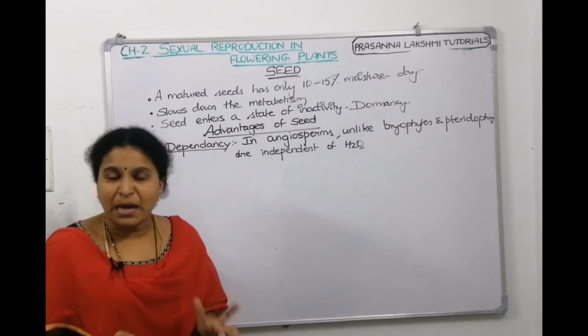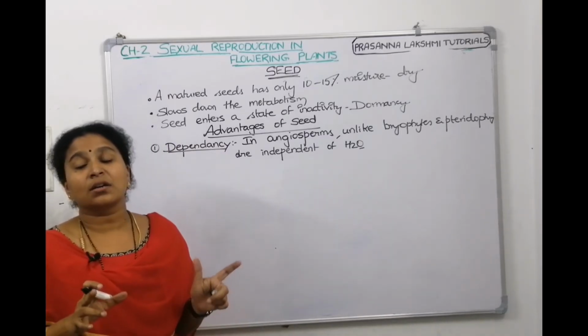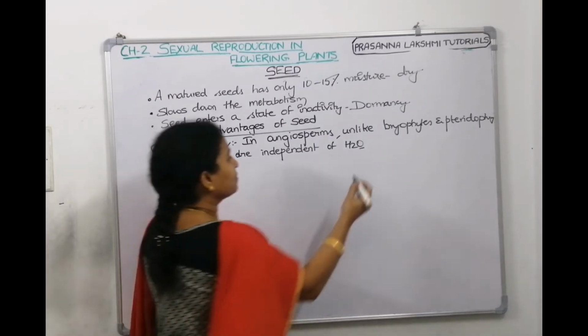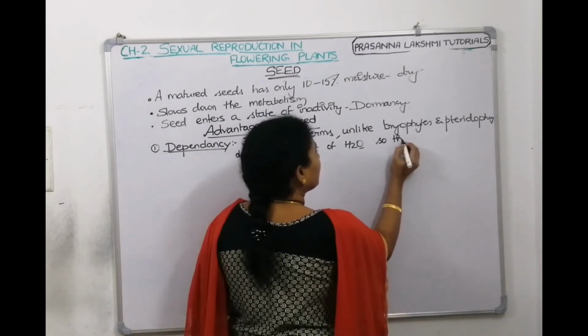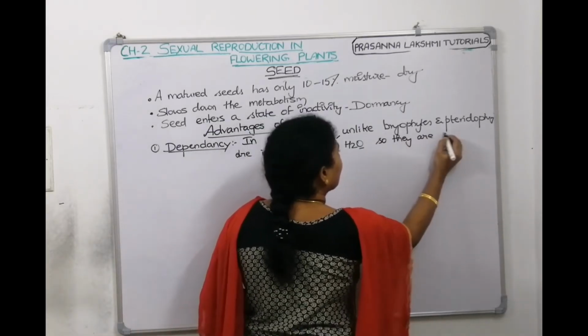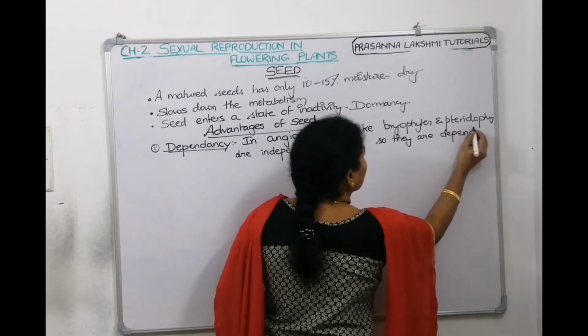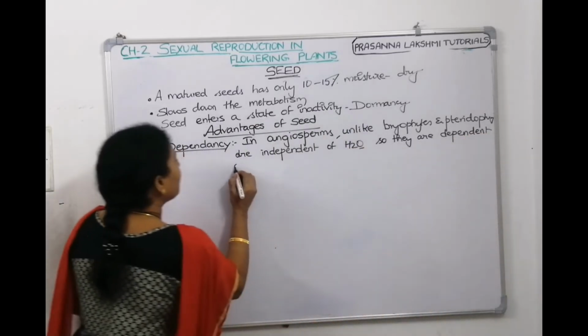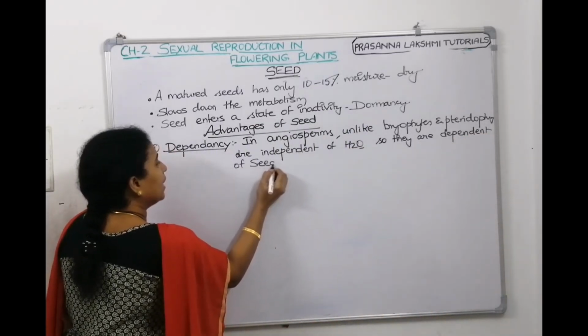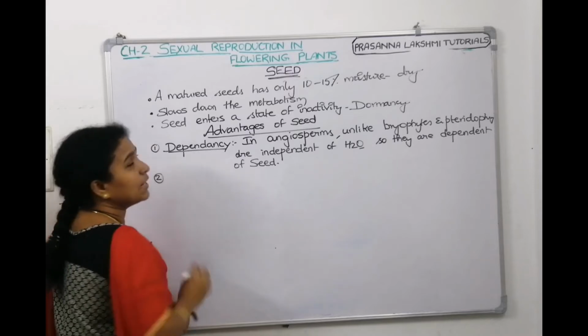They don't require water. Since they don't require water, they are dependent on seeds. On what are they dependent? They are dependent on the seeds. So, that is the first point about dependency.